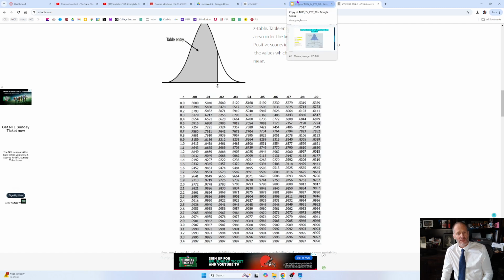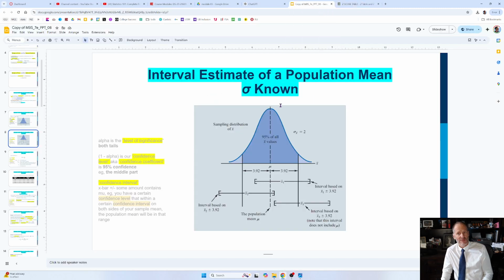That number is how many standard deviations from the mean to this point. So that's 1.645 standard deviations from the population mean, and because this is symmetric, it's also 1.645 this way.